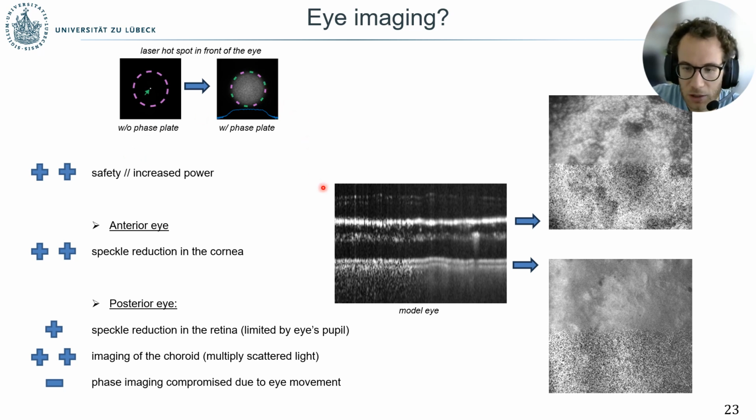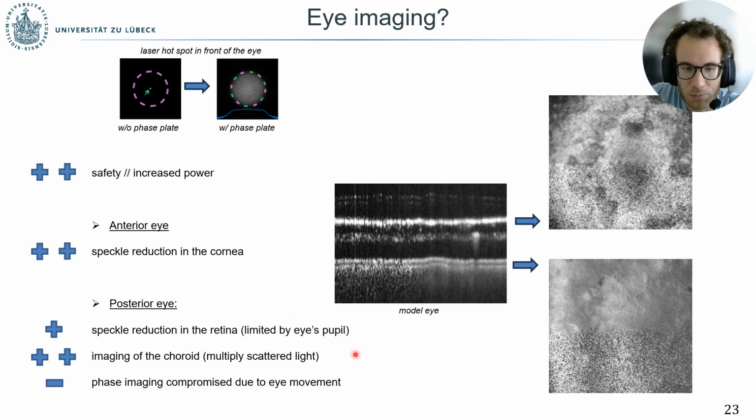So we can make the system much safer and potentially send much more power into the eye, if we have a light source that would be able to send such an amount of power. It would be really nice in the eye to reduce speckle noise, especially in the cornea, where we're not limited in terms of illumination.